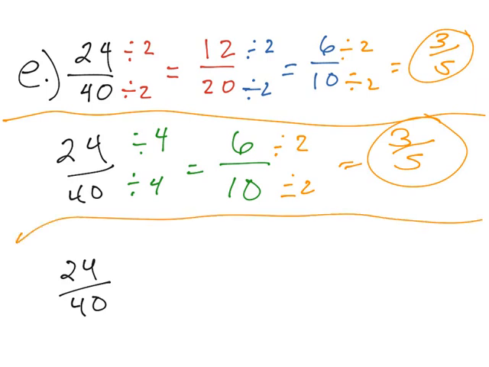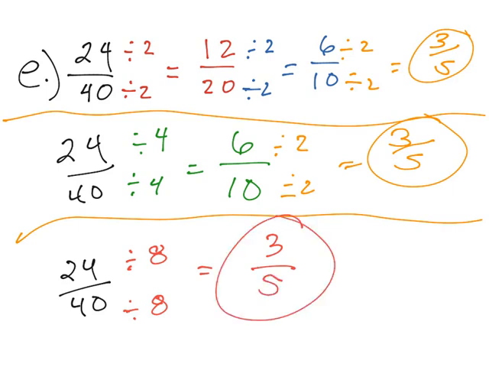And for those of us that have our division on point, you might look at 24 and 40 and say, those are divisible by 8. 24 divided by 8 is 3. 40 divided by 8 is 5. 3/5. So again, whether it took you 3 steps, 2 steps, or 1 step, it does not matter. You get to the same answer. So the point being, don't give up on a problem if you don't have the greatest factor in your first step. Just keep working. You'll get there.